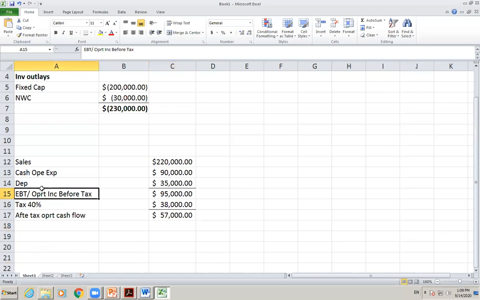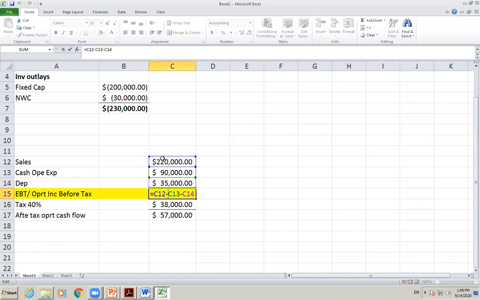The first step I find is EBT: from sales, I subtract cash operating expense, I subtract the depreciation, and I get EBT, which is earnings before tax, or operating income before the tax.